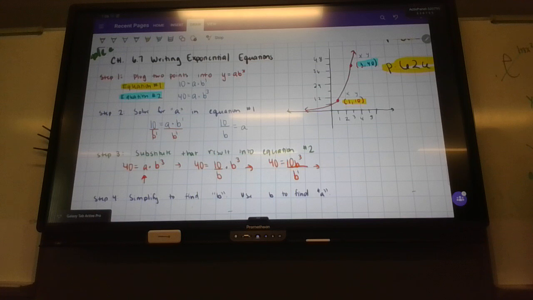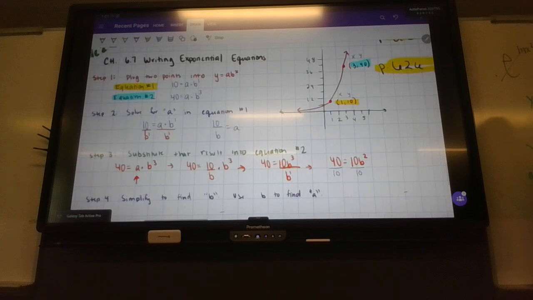And b to the third over b is just b squared, so 40 equals 10b squared. One of those b's will cancel out. Divide by 10 and we get 4 equals b squared.